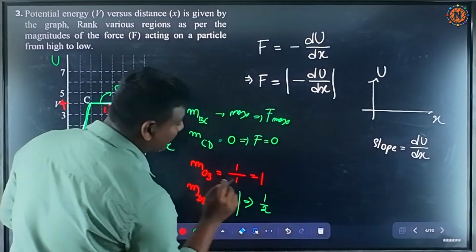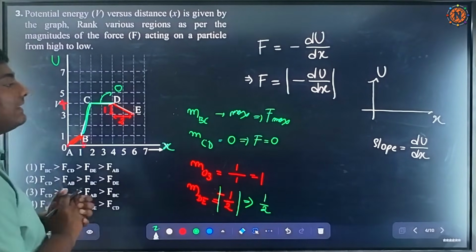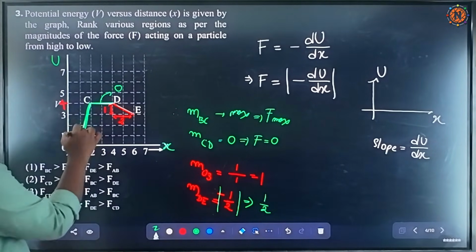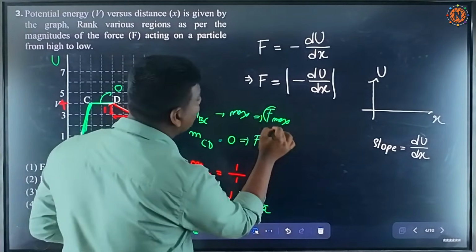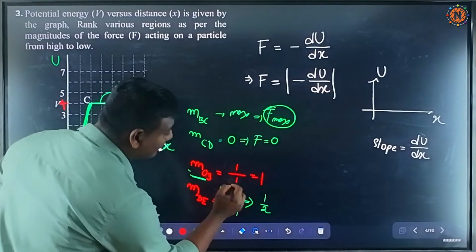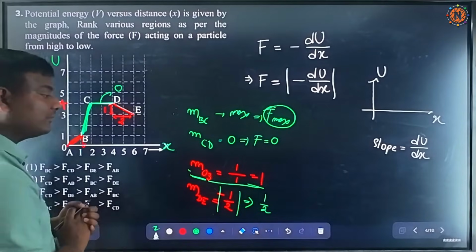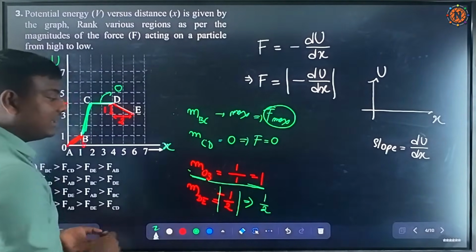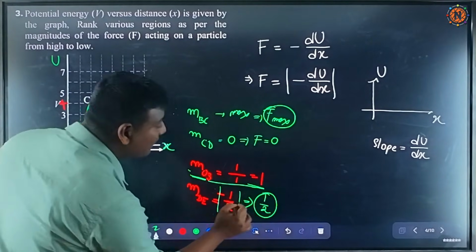Yes or no? Yes. So we can see from this data that BC has the maximum slope, that's why its force is maximum, and then OB has the second maximum slope, that's why its force will be second, and then we have half slope and 0 slope.